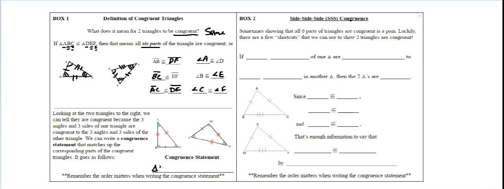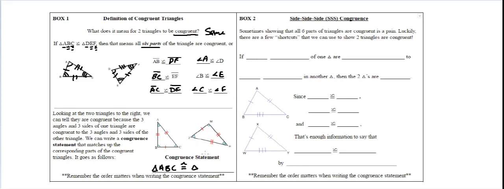Triangle ABC is congruent to triangle, and now here comes the challenging part. You have to put the letters in the correct order. See if you can figure out what letters go where in the second half of this congruence statement. If the substitute could please pause the video and give everyone a chance to solve this, I'd appreciate it. Thank you.